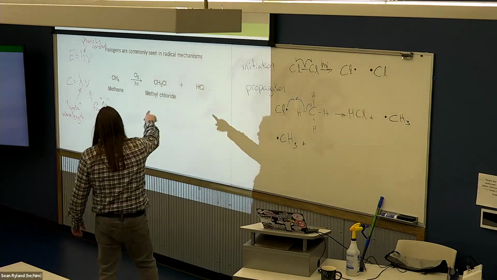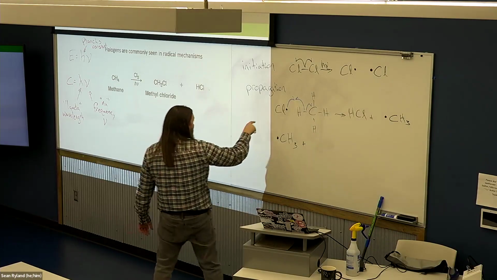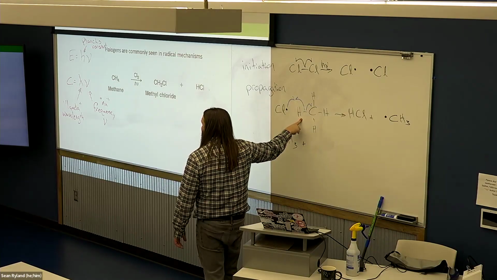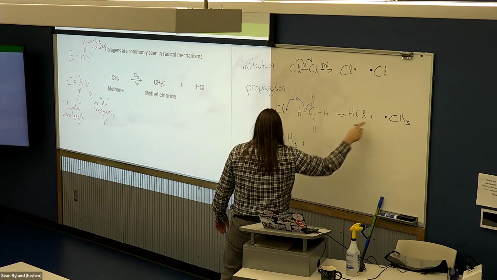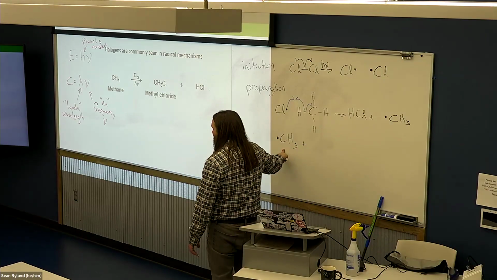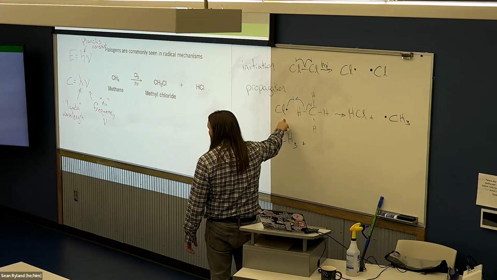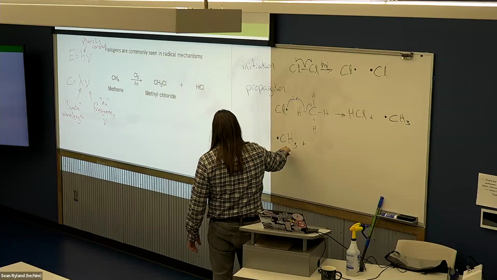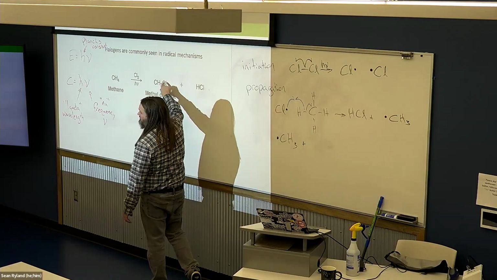So we don't want any free radicals when we add these. Any free radicals that we make or that are part of a propagation step need to cancel out. We made a methyl free radical, so we're going to use it as a reactant. We started with a chlorine radical, so we need to cancel out that chlorine radical. So what could this react with that will give us our final product and also a chlorine?